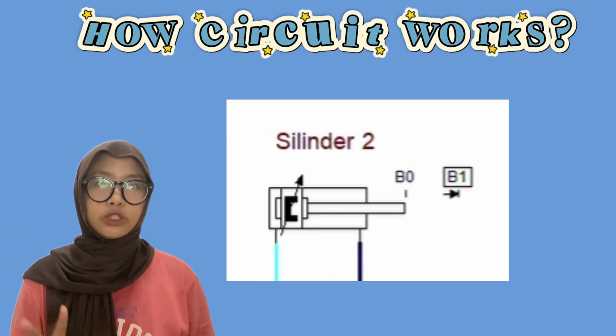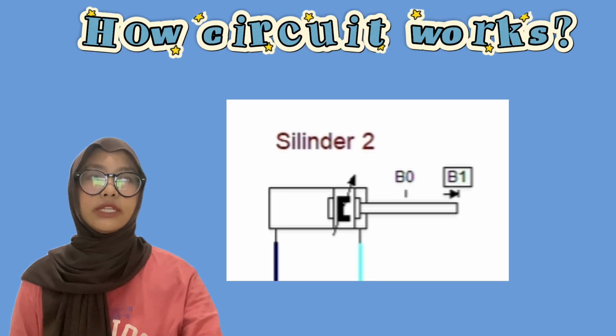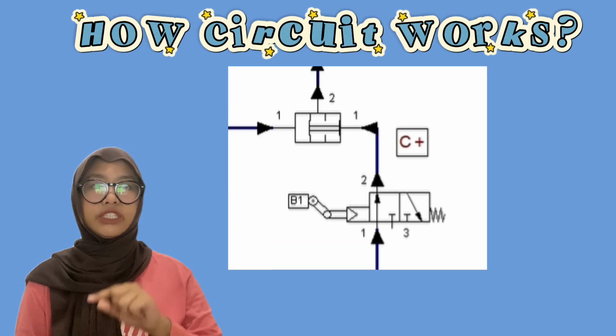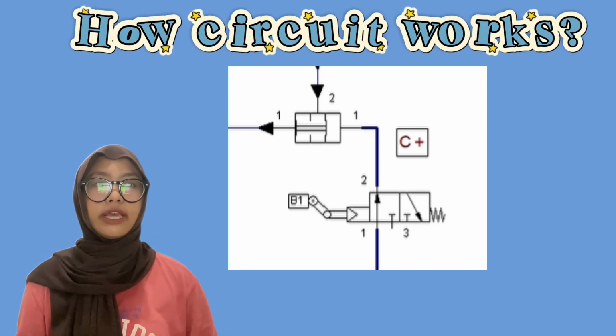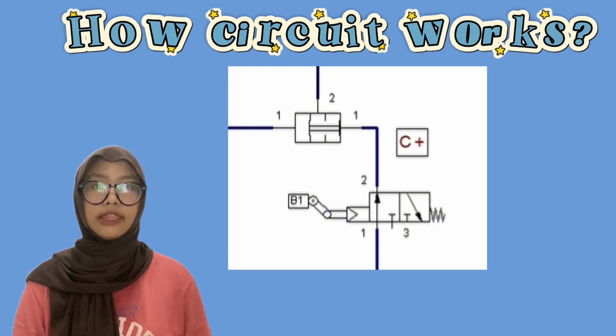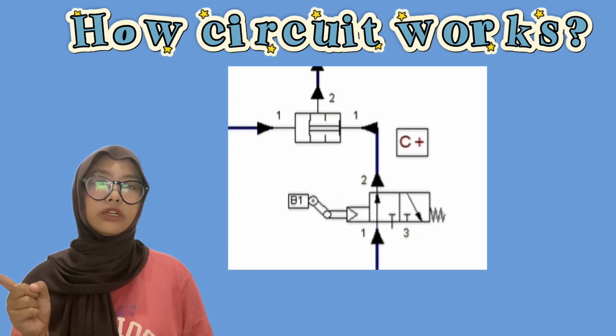When cylinder 2 moves forward and touches the B1 roller, when cylinder 2 is fully forward, it delivers air to the AND valve, or pressure valve, before cylinder 3.